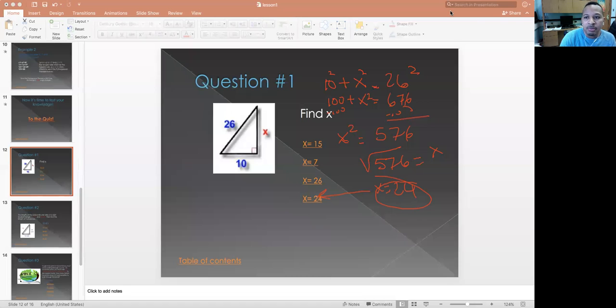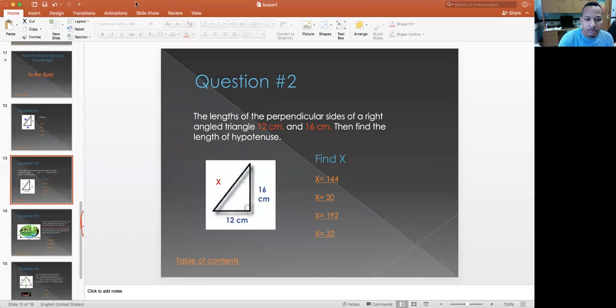I'll let you guys mull over that for a minute. This one we're going to add, so it'll be 12 squared plus 16 squared.